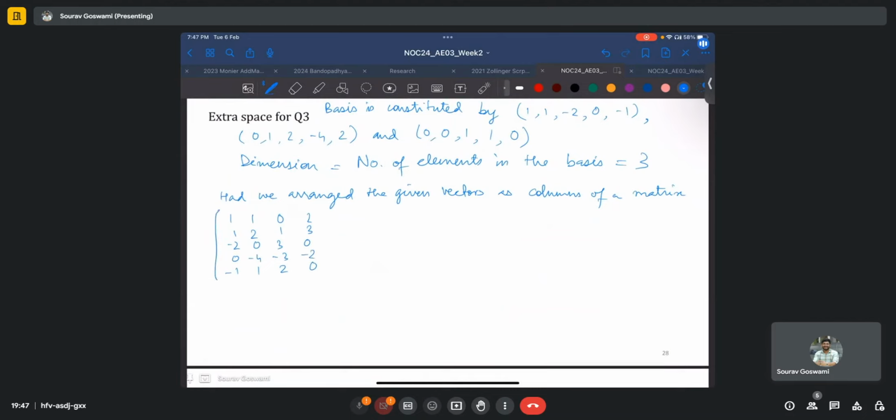If this was the matrix we arranged the given vectors into and performed elimination again, then what we would have ended up with would be 1 0 0 0 0, 1 1 0 0 0, 0 1 1 0 0, and 2 1 2 0 0.